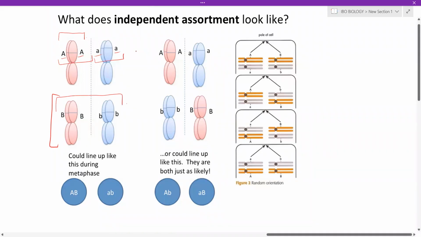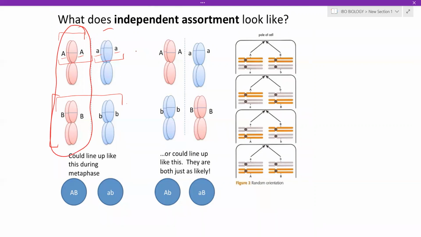During gamete formation, this left side will give you one gamete and the right side would give you the other gamete, because during anaphase they'll divide into halves. So out of these two alleles, you'll only get one gene.